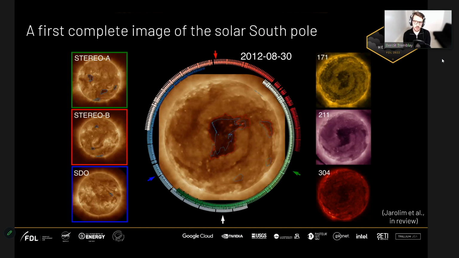It also allows us to get an unprecedented view of the sun. We have examples of SDO and Stereo images on the left, but in the middle, we're showing what is arguably a first complete image of the sun's south pole, in different wavelengths as well, as you're seeing on the right. The arrows in the middle plot indicate the viewpoints around the sun that we use for the reconstruction.